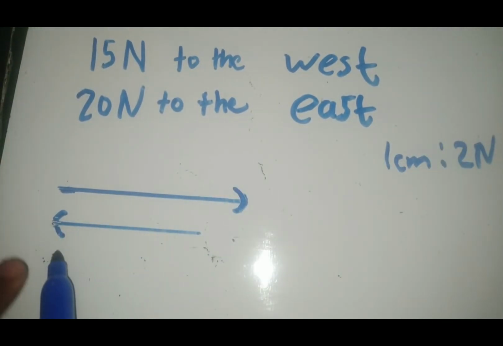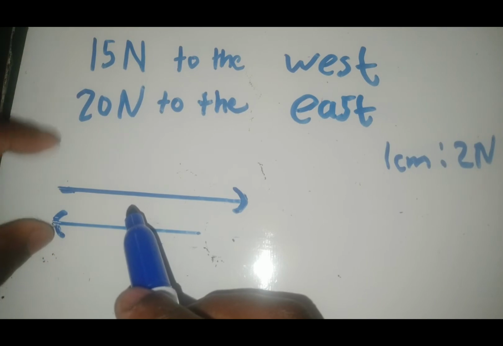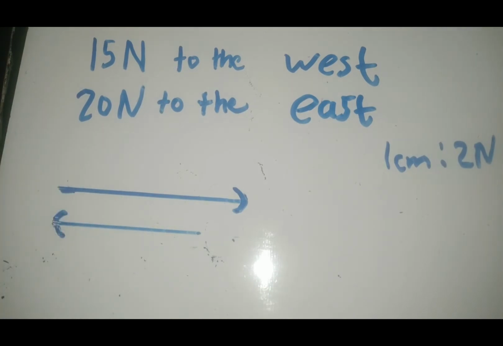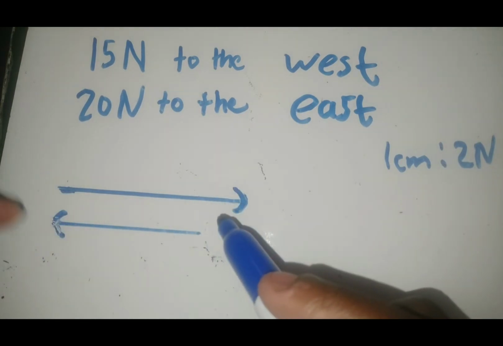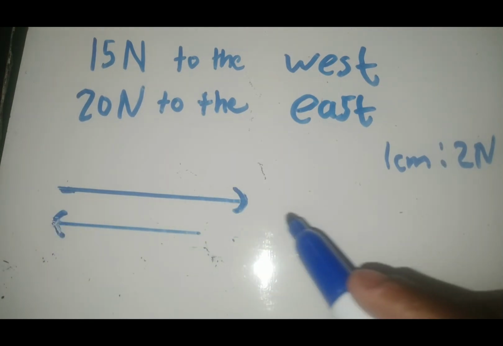Notice what I'm trying to do: the head of one is connected to the tail of the other, head to tail method. I can't draw them close like this because the two lines will end up combining. To avoid that, I just draw it apart. But the head of one is still connected to the tail of the other, so that we can see those two forces distinctively, right?